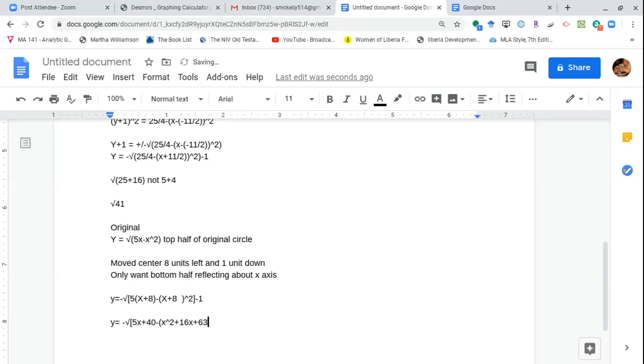Then I have to simplify that underneath there, and I have my minus 1 hanging out. So then I get y equals the negative square root.